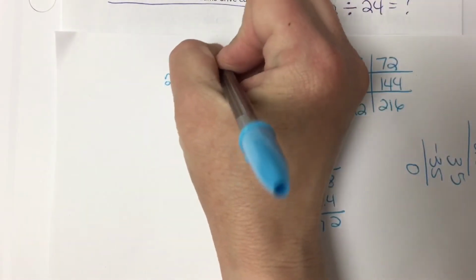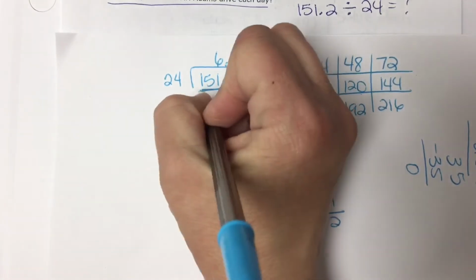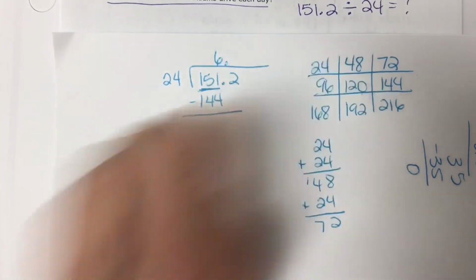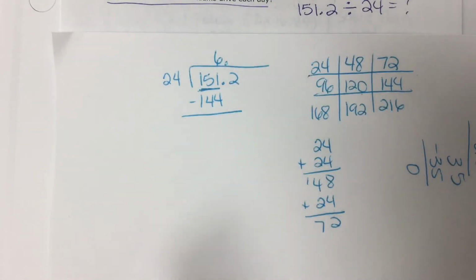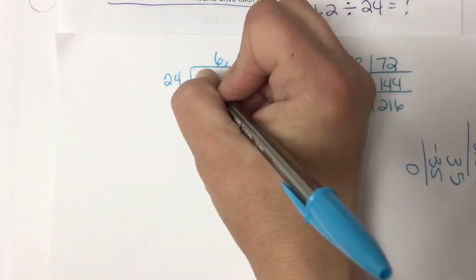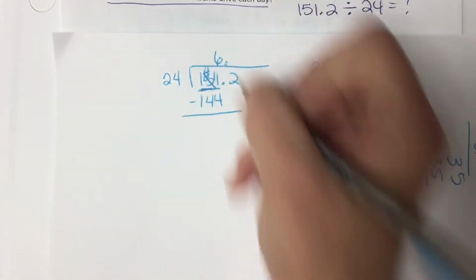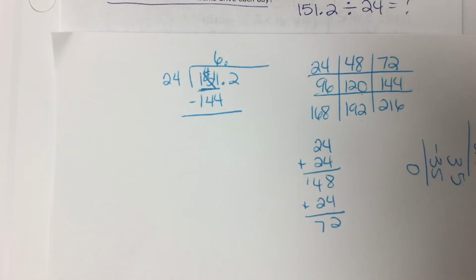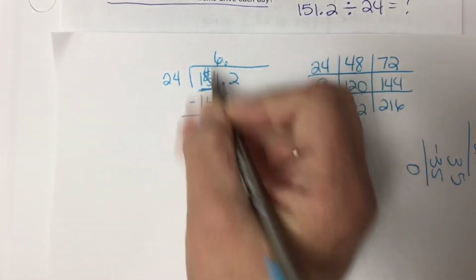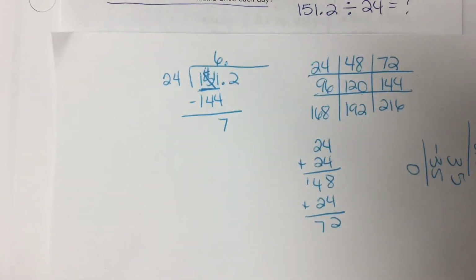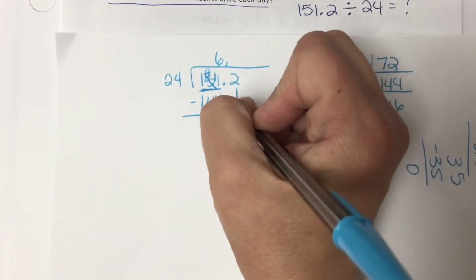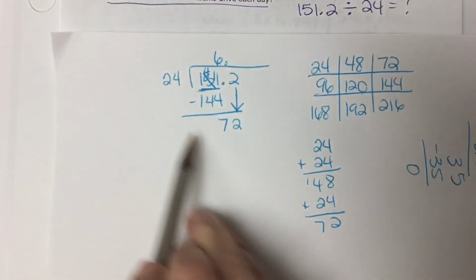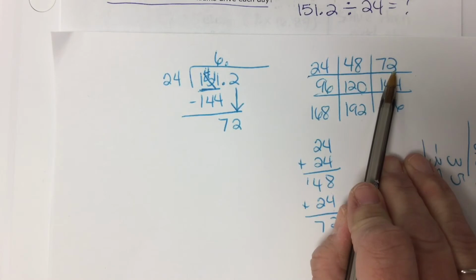So I'm going to put 6 on top and 144 on the bottom. And then we're going to subtract. If you have 1, you can't take away 4 without being negative, so we have to borrow. 11 minus 4 is 7. 4 minus 4 is 0. 1 minus 1 is 0. So that's it. Now we just bring down the 2. 24 goes into 72 3 times.